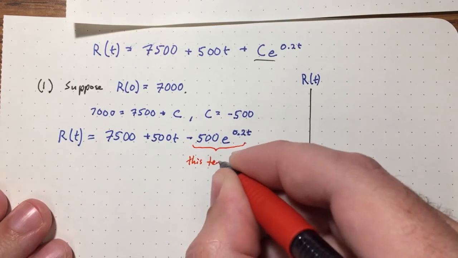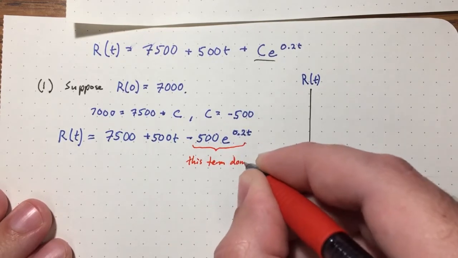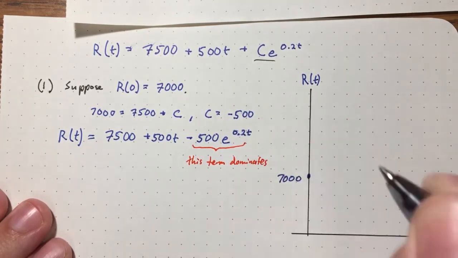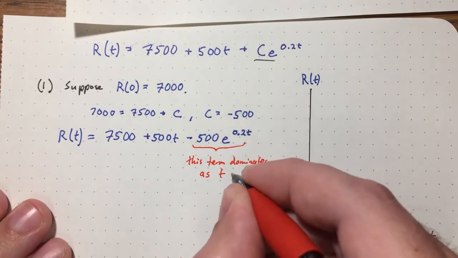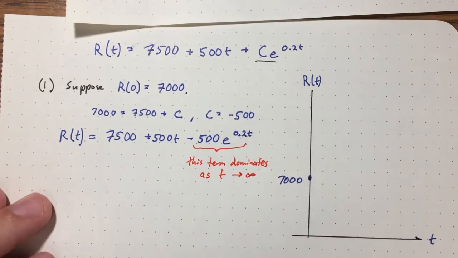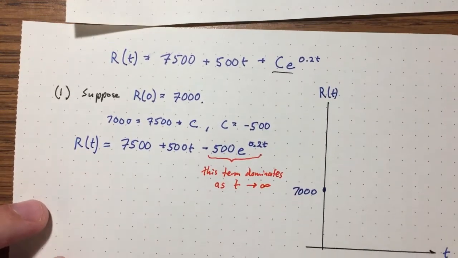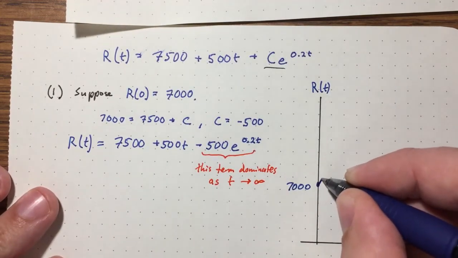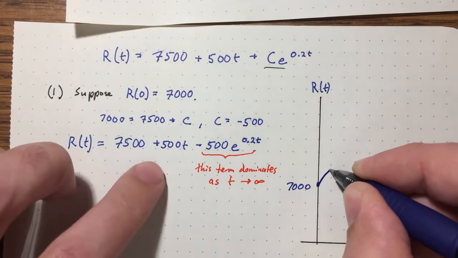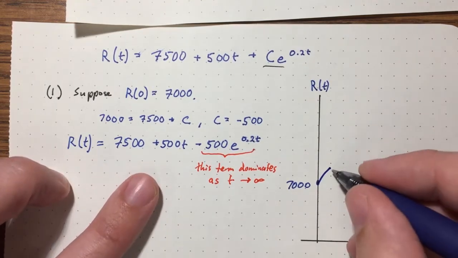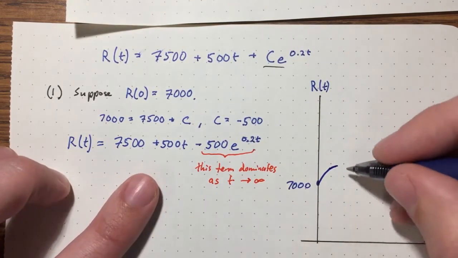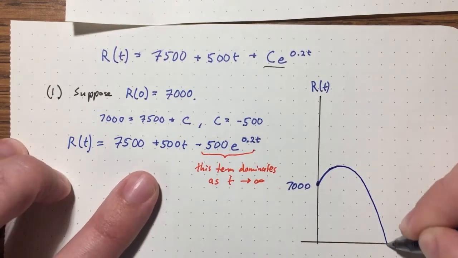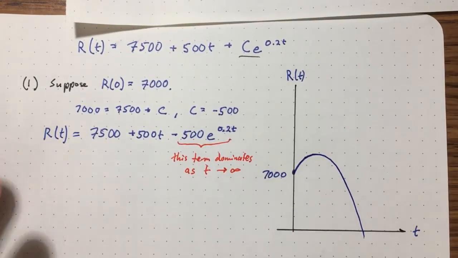Also, I should point out, because it's an increasing exponential, this term dominates as t goes to infinity. The exponential beats any polynomial. So it's actually going to look like this. Maybe it's going to be going up slightly because of this linear term. Maybe not even, but it's going to go down eventually.